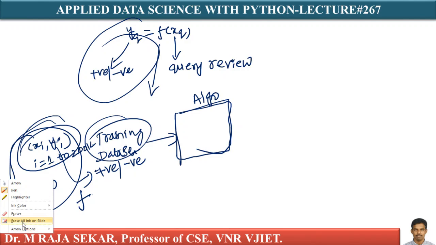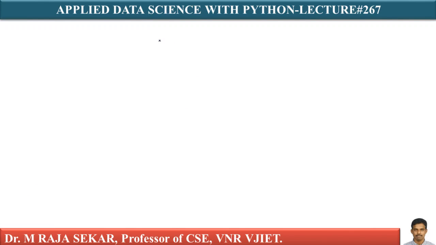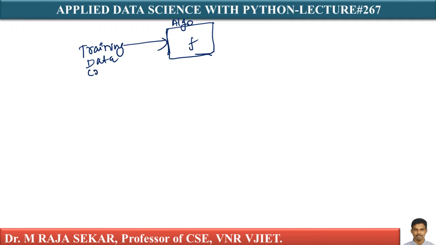Let me rewrite this one. I am trying to find the function f. This is my algorithm. What is my training data? Xi comma yi.